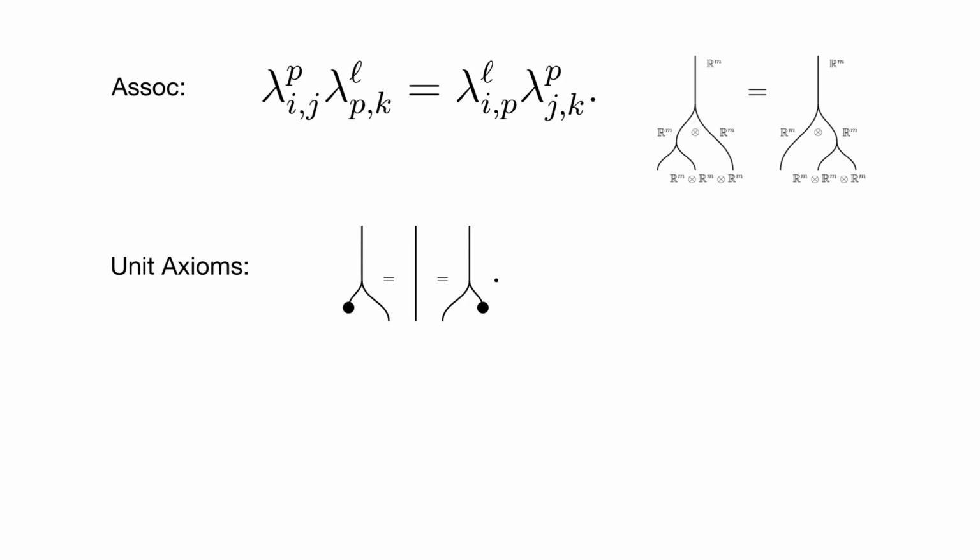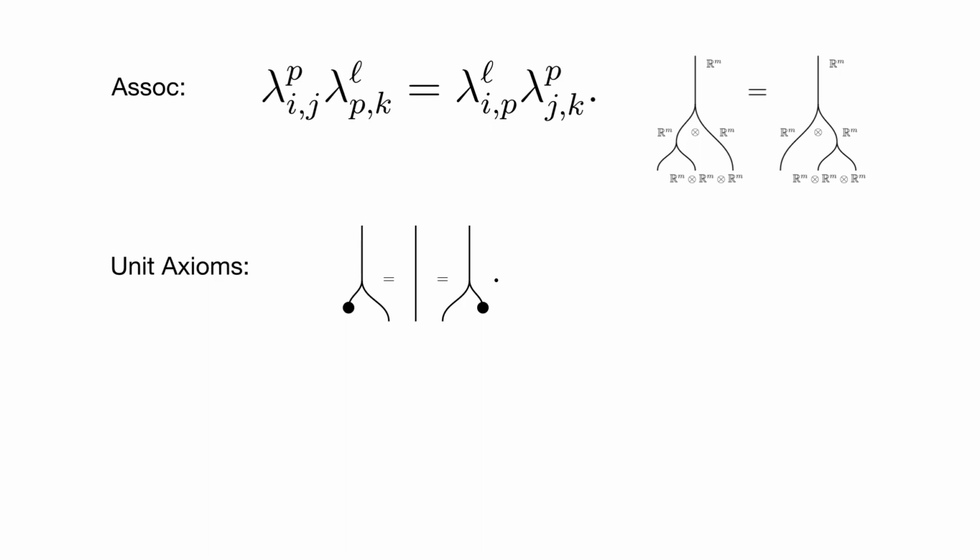So associativity, when it's expressed in terms of the structure constants, has this equation involving the lambdas. In the lambdas, we sum over all p on either side of the equation, and we can think about summing over all p as sort of stringing one lambda on the top to one lambda on the bottom, and we can rewrite that.